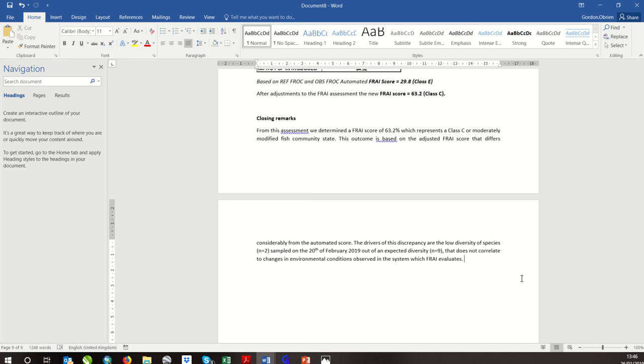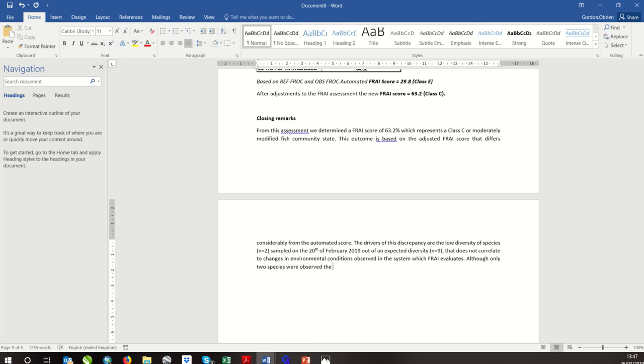What this means is that although only two species were observed, the state of the system does not, I don't want to say physical chemical because that's one metric.